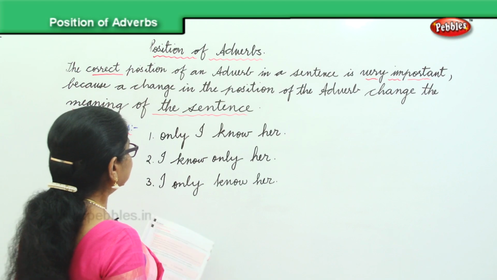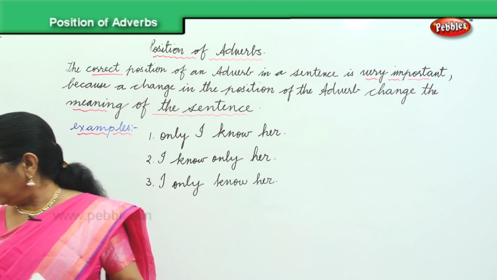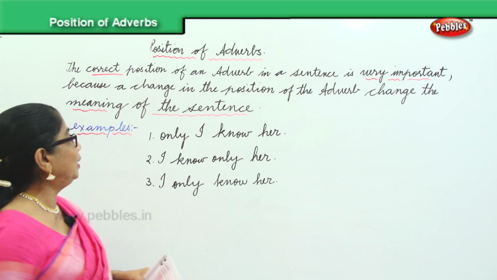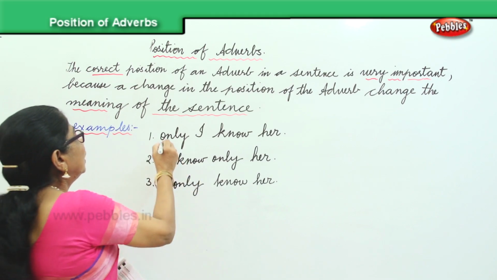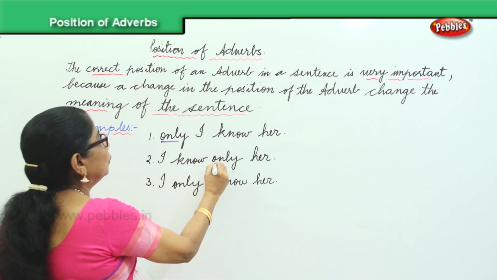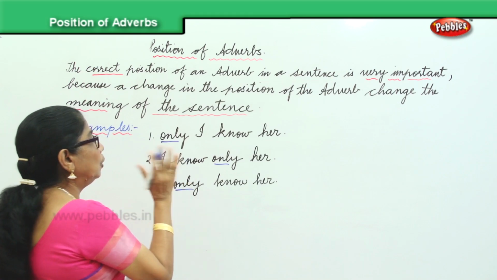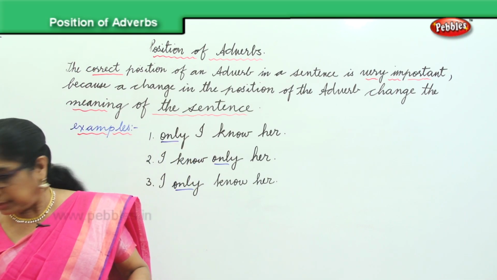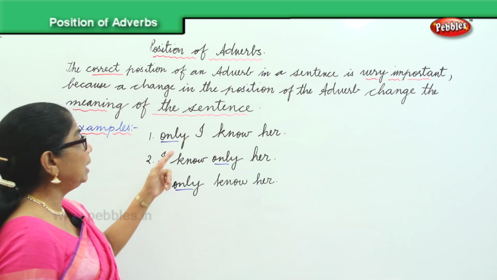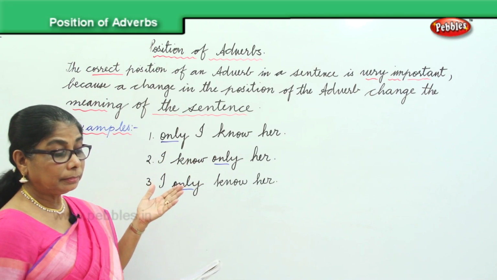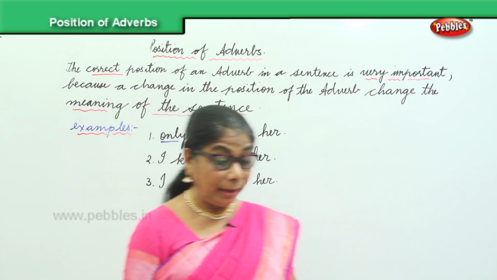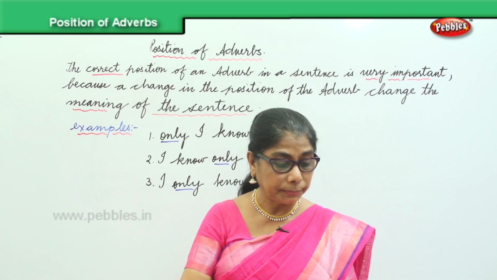Okay, now we are talking about adverbs. The word only is an adverb. Now look at the way it is positioned. Only I know her: only I, nobody else knows her.